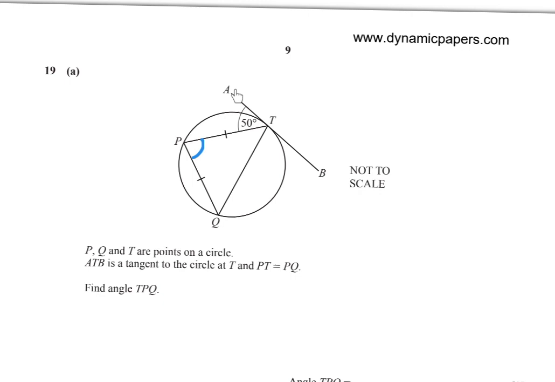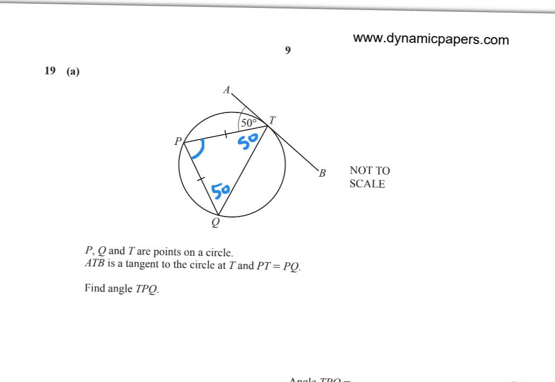The angle between the tangent and the chord equals the circumference angle on the chord on the other side. So this is angle 50. Now if this angle is 50 and this is an isosceles triangle, this is also 50. And now with this 50 and this 50, you can find the third one, which is 180 minus 50 plus 50, which is 80.